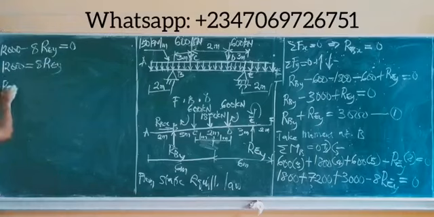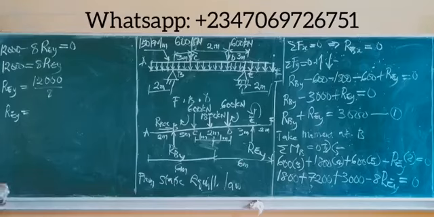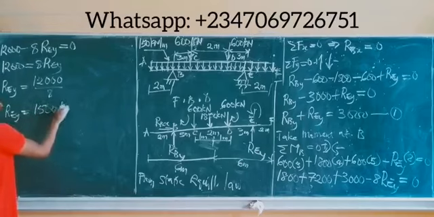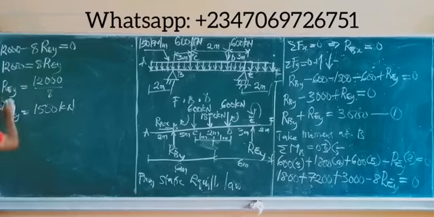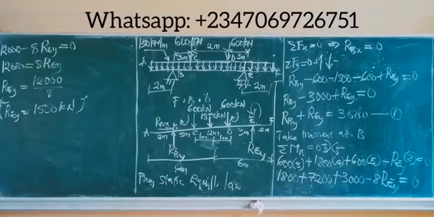Therefore, REY is equal to 12,000 divided by 8. We have 1,500 kilonewtons. This becomes the reaction at point E.